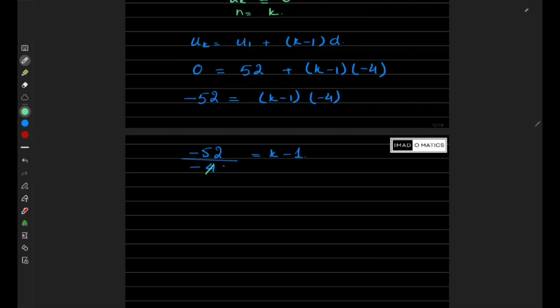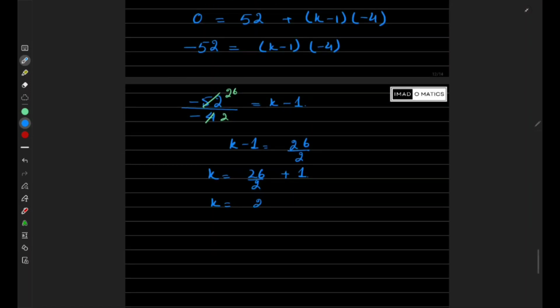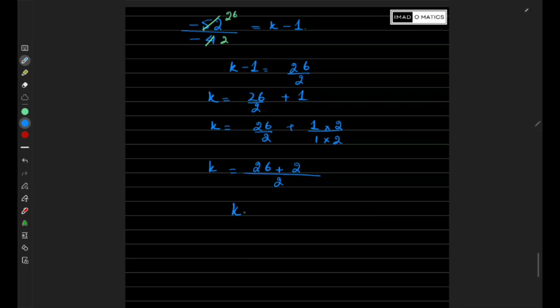Now 13 times 4 is 52, so k minus 1 is equal to 13. So k is equal to 13 plus 1, that is 14.